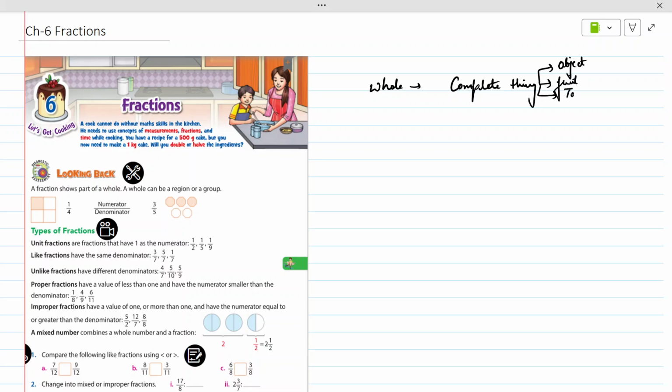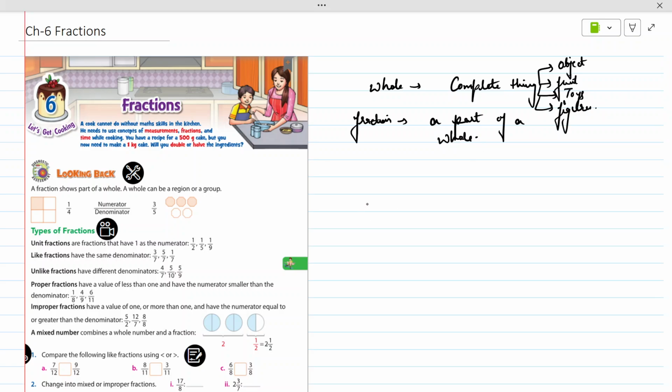We are considering a group of toys, we are considering figures, it can be any data. Okay, so whole means a complete thing, a complete part. And when we say a fraction, fraction means it is a part of a whole.